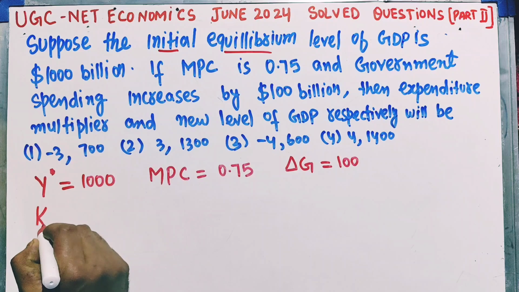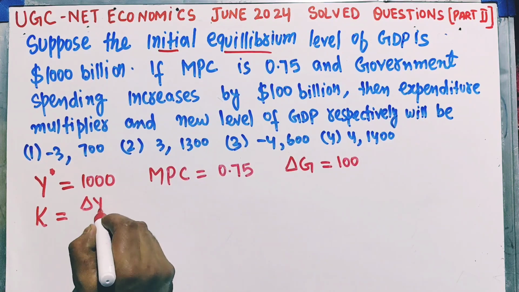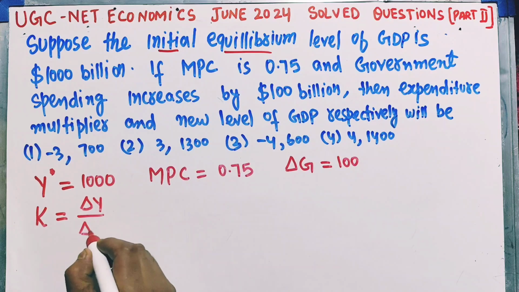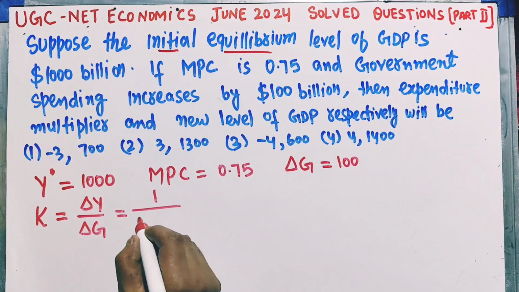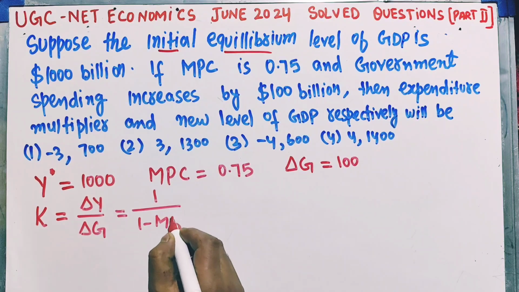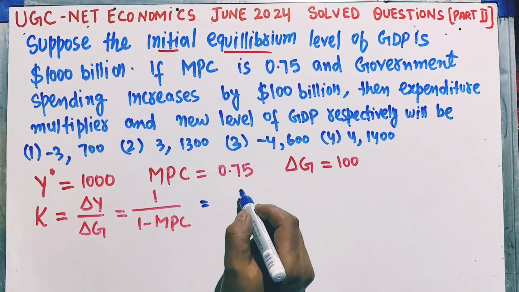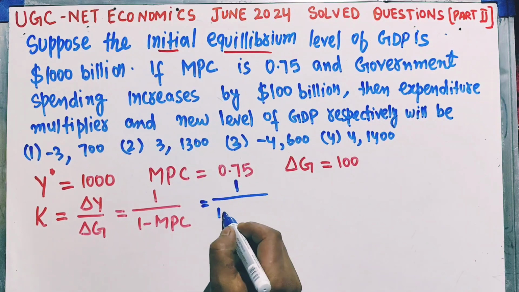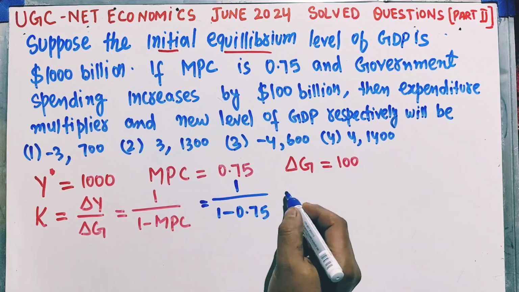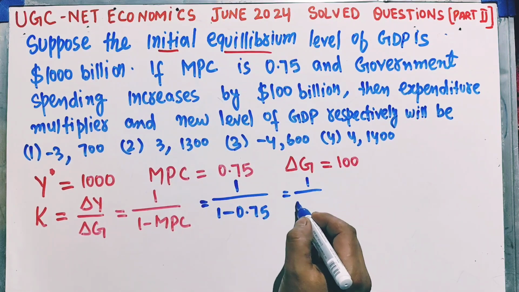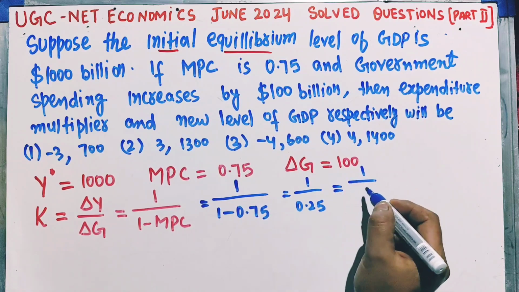Let's denote it by K. So expenditure multiplier is simply equal to the change in the GDP due to the change in the government spending, which is equal to 1 upon 1 minus the marginal propensity to consume. So it will be equal to 1 divided by 1 minus 0.75.